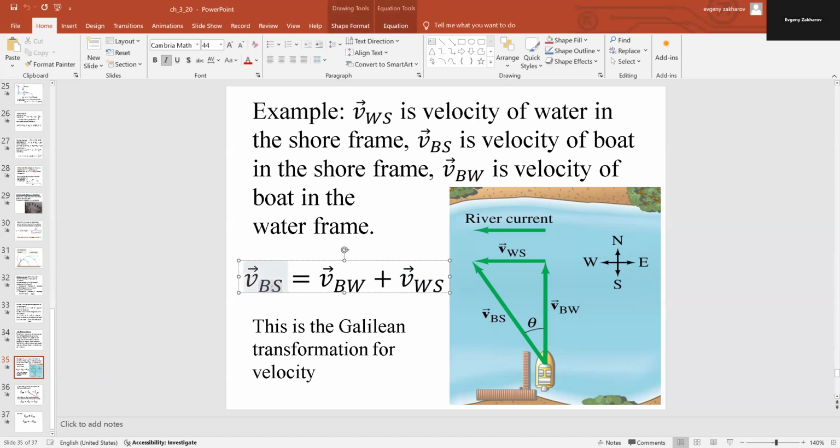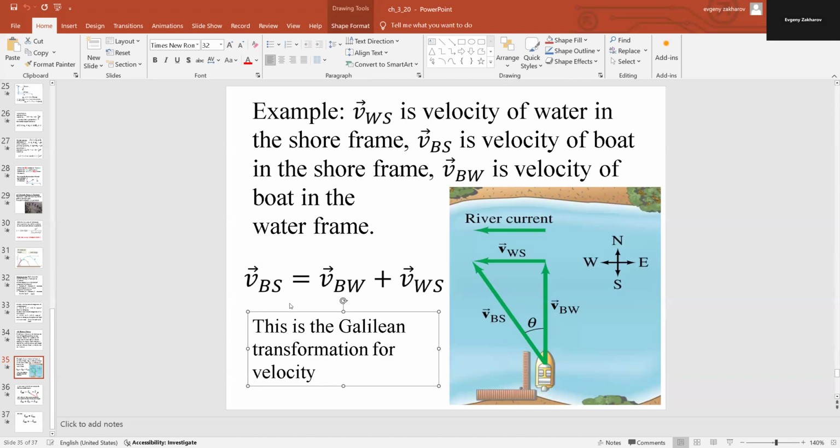See how I want boat with respect to the shore. I don't want water to be present in my final answer at all, but I still have to include it into my solution. So water goes in the middle, the second and the third spots out of the four spots that you see. Water cancels, if you will. Second and the third spot cancel, and you have B and S as your final result.